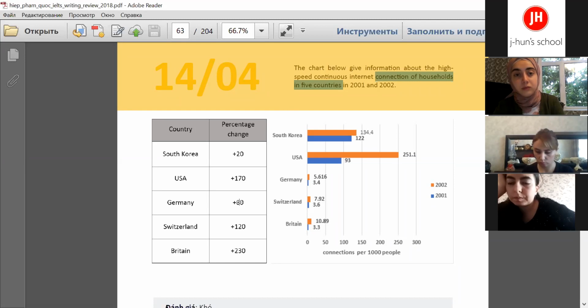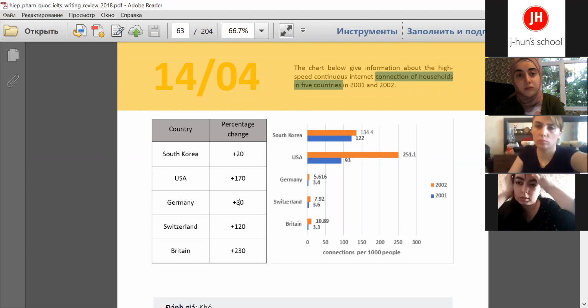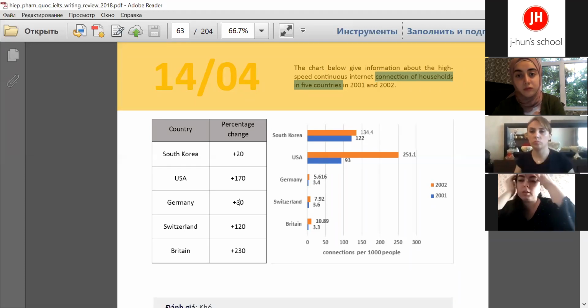And now a new sentence: evidently, Britain reported the highest percentage change in comparison with the other countries given in the survey. Right, because if you compare numbers, just compare numbers.